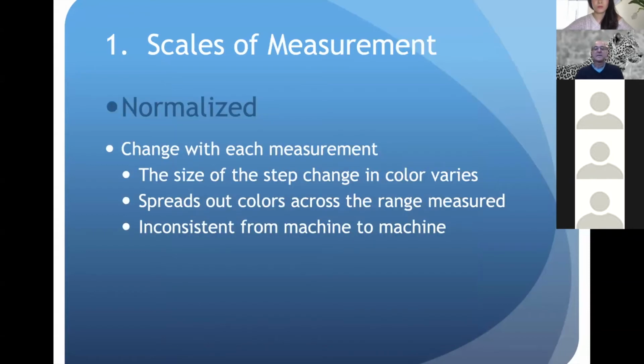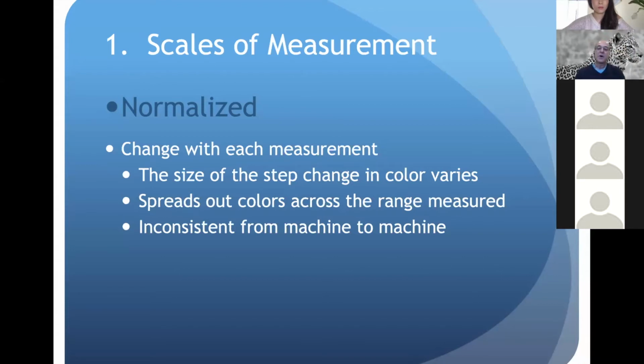Now let's talk a little bit about scale. There's a normalized scale, and what that means is that it'll take the lowest measurement that you've got and it'll take the highest one, and then it'll spread the 16 colors in between into equal steps.